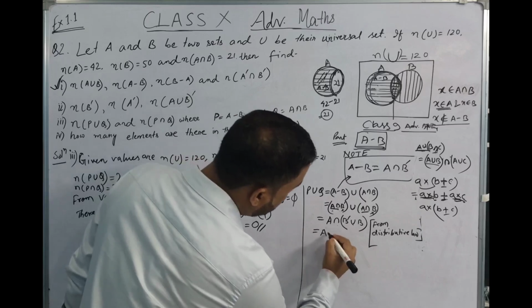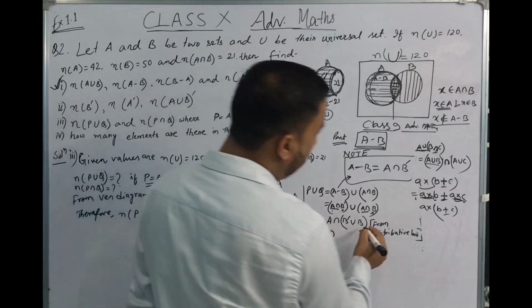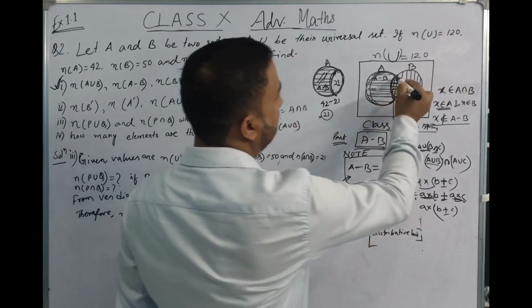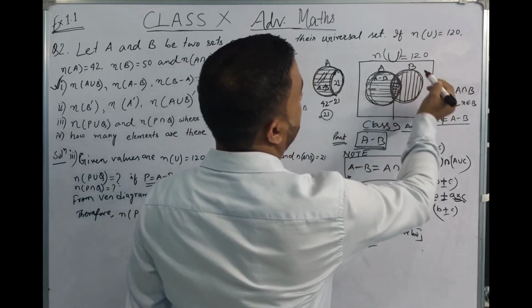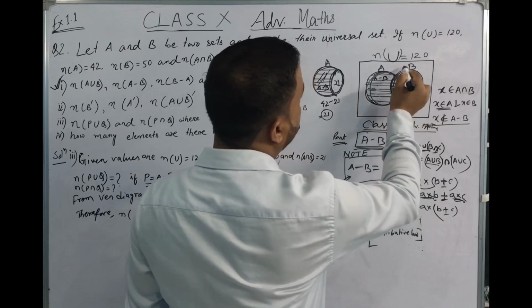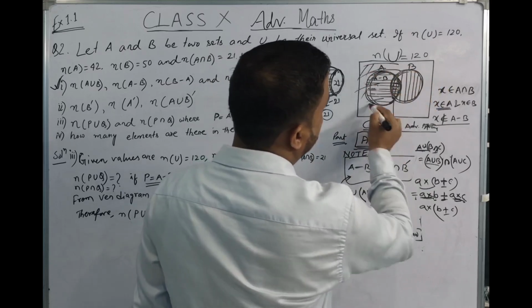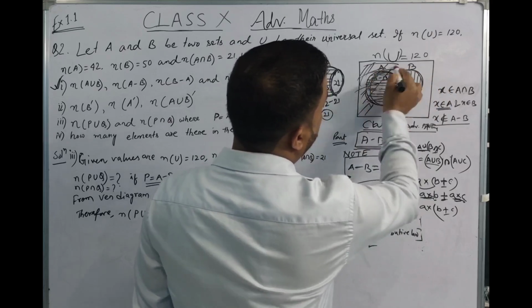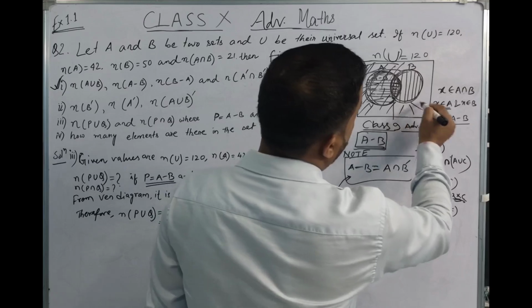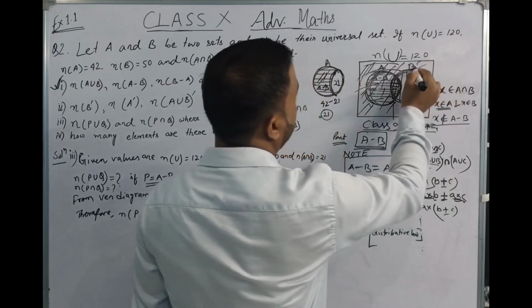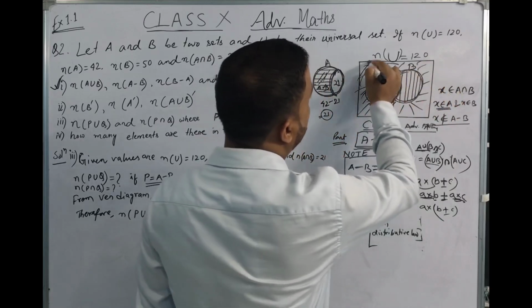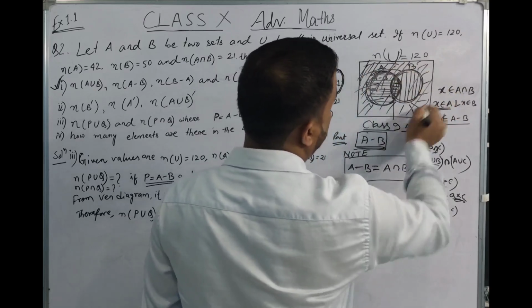So A intersection, again B union B complement. You see, this is B and B complement is what? B complement is the other part. This is the other part, isn't it? This is the other part of B complement. These all are B complement. Now if you union B and B complement, then you will get as a whole the universal set, right?